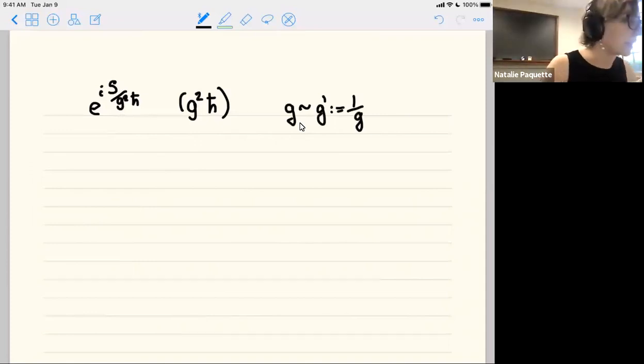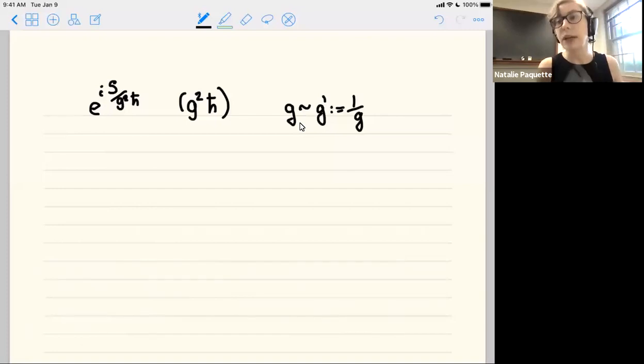You've probably seen examples of this before. So if I tune g from a weak coupling limit to a strong coupling limit, I can trade the original description of the theory for that of the dual theory, which is becoming increasingly weakly coupled as my original description is becoming increasingly strongly coupled.